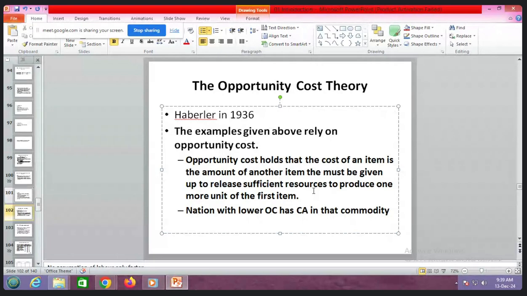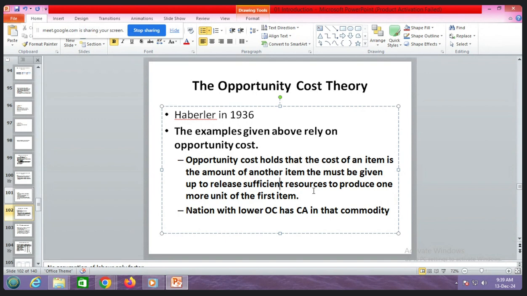As I said, this is an extension of the comparative advantage theory. I told you yesterday that comparative advantage theory is almost unchallenged to date. There have been several explanations and several modifications to comparative advantage, but overall most of the world's economists agree that trade takes place because of comparative advantage.